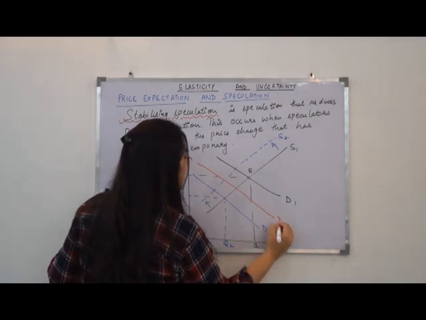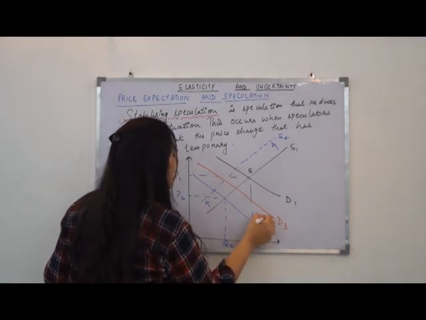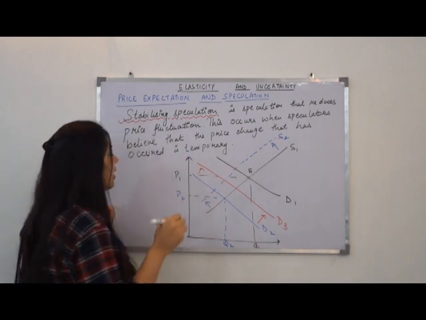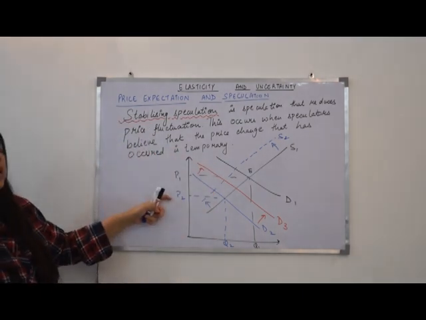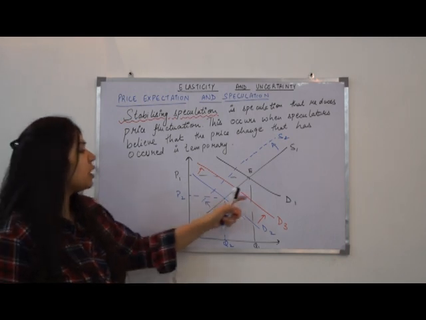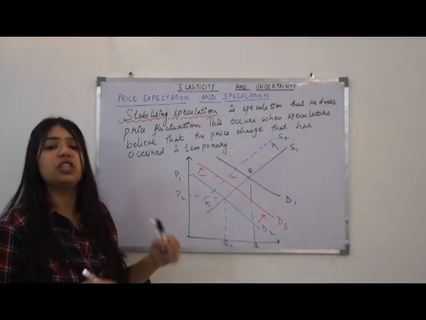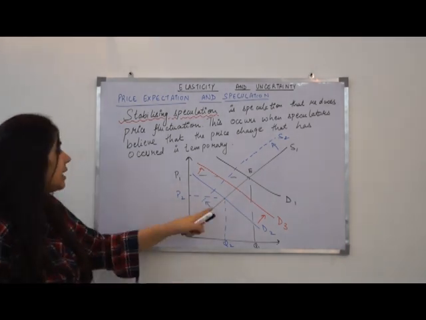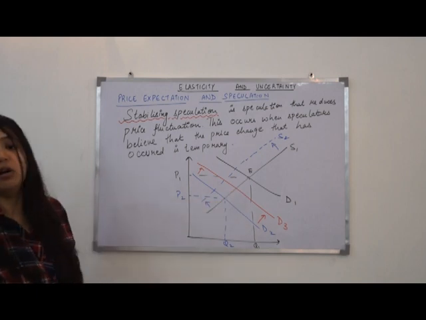There will again be a shift in the demand, not because the price has fallen, but because they expect that the price in the future is going to increase, and that is why we get a new demand curve.